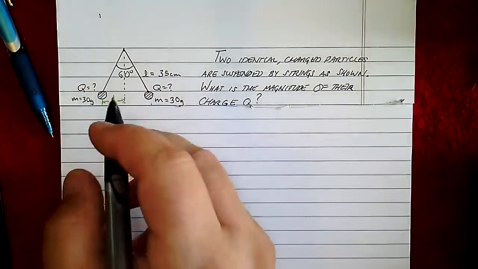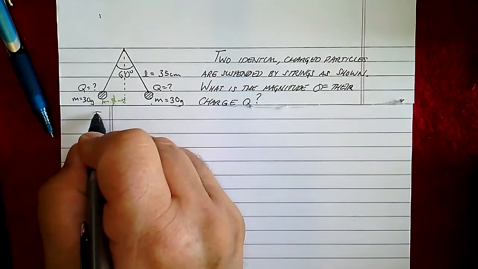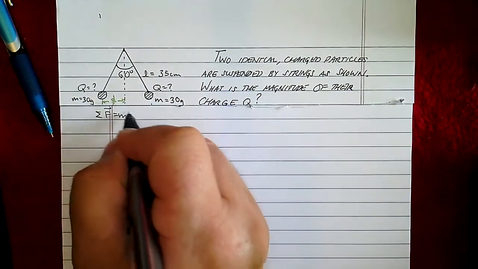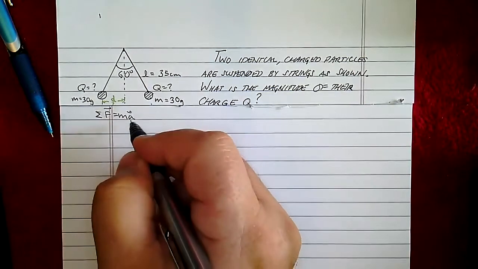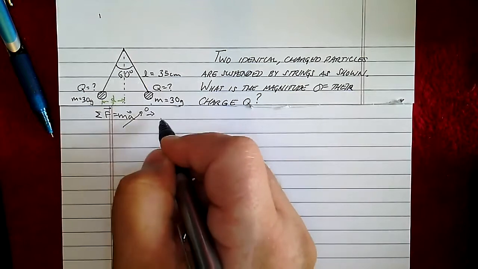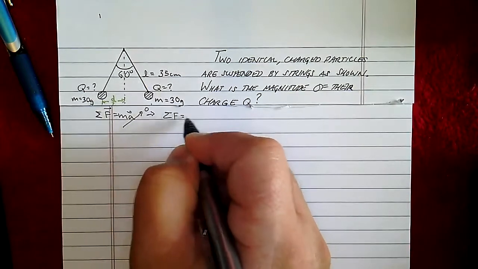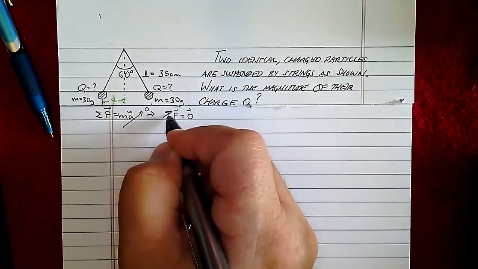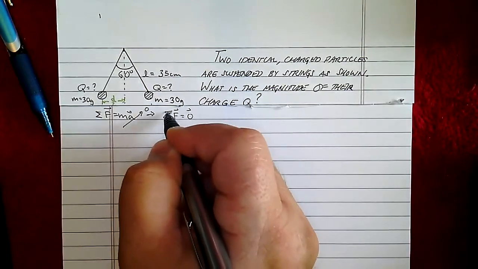First off, I know that Newton's second law says the summation of forces is equal to mass times acceleration. But in this case, acceleration is zero. So I get the summation of the forces is equal to zero. And that is a vector equation. So that literally means there's one of these equations for each dimension.